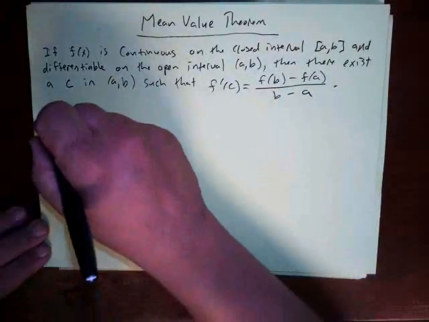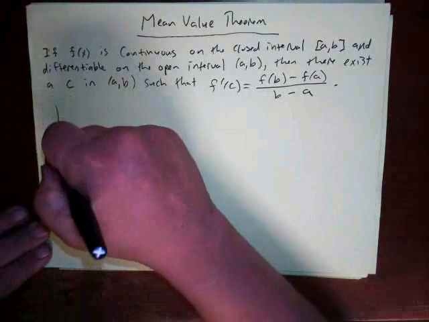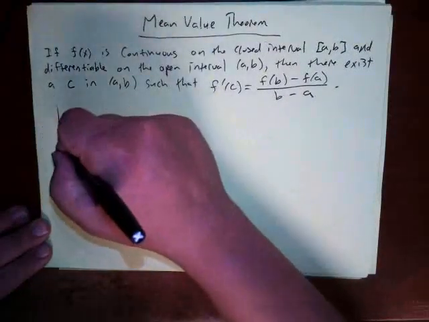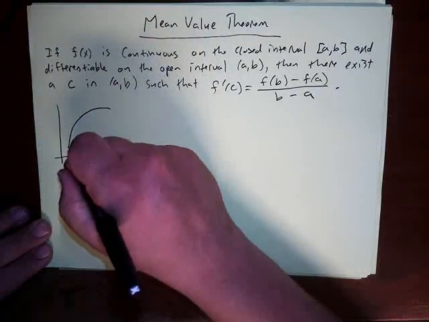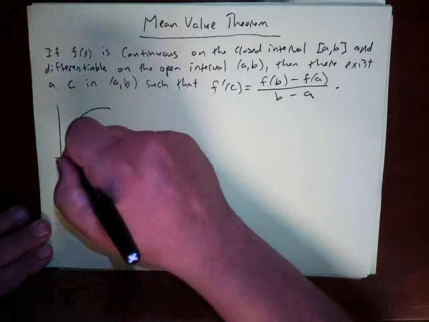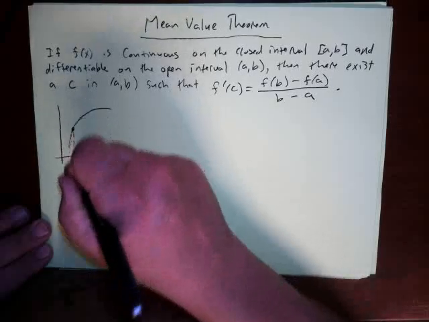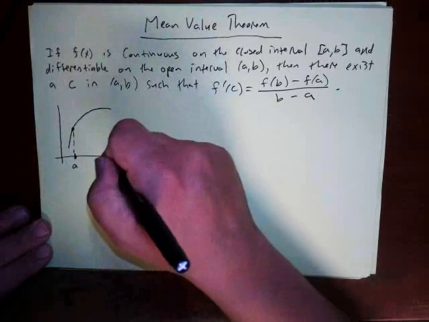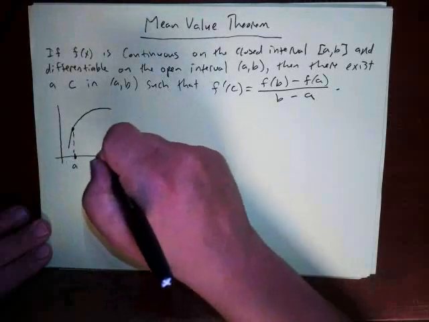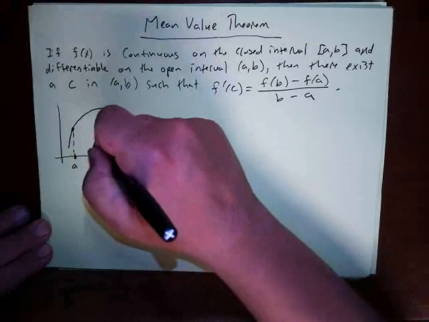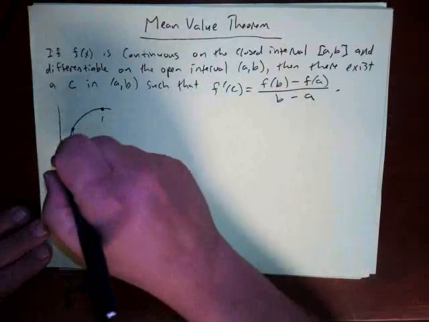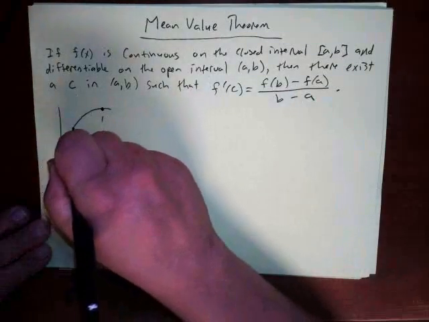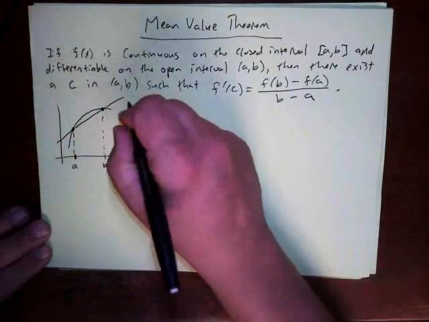So if I were to draw a picture here, it would look kind of like this. Let's say we have a function here, and we'll say that this is a, and we'll say that this is b. The average rate of change over this function would look like that.